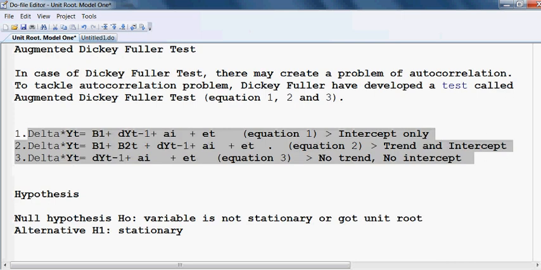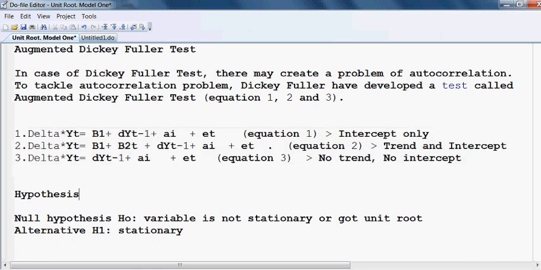Okay, so to test it, we have set the hypotheses. Here is the null hypothesis: the variable is not stationary or has unit root, meaning that our variable y is not stationary or has unit root.